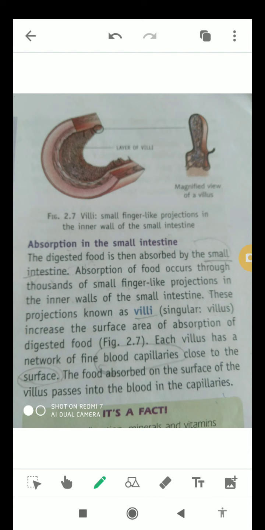The function of the villi is to increase the surface area for the absorption of the digested food, and each villus has a network of fine blood capillaries close to the surface. The food absorbed on the surface of the villus passes into the blood, into the capillaries. This is the diagram of villi, a small finger-like projection, as you can see, in the inner walls of the small intestine.